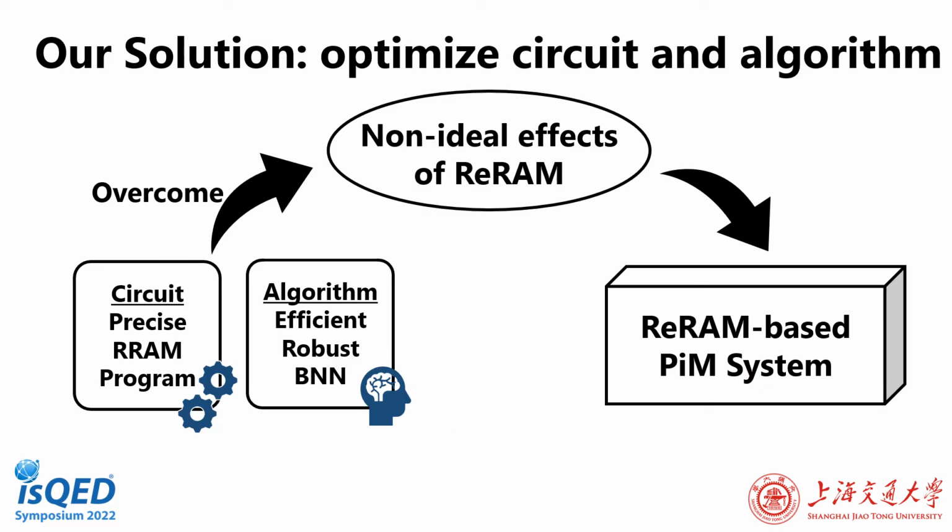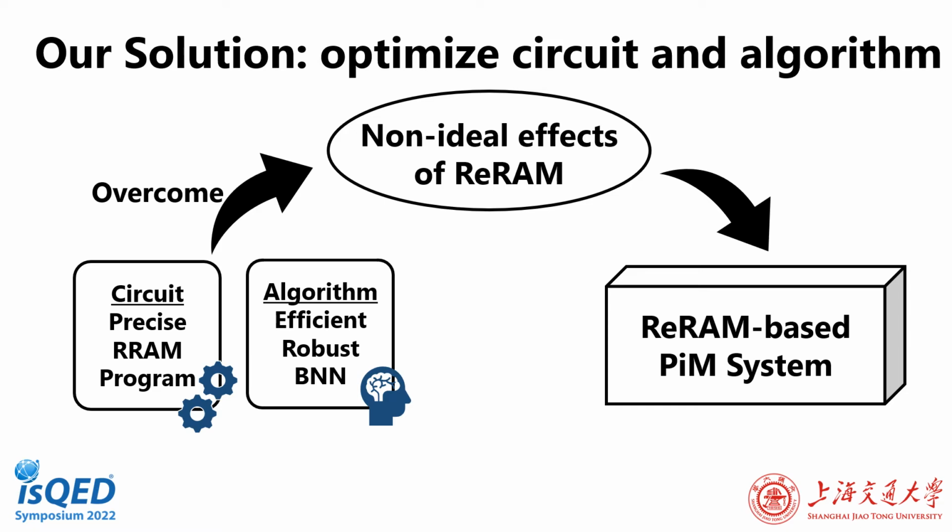In order to solve the problem, we propose our solutions. We'll optimize both the circuit and the algorithm to overcome the accuracy degradation caused by non-ideal effects of ReRAM. In the circuit level, we propose a parallel, precise ReRAM programming scheme to alleviate the programming variation and provide a rapid and flexible refresh capability to overcome the read disturbance.